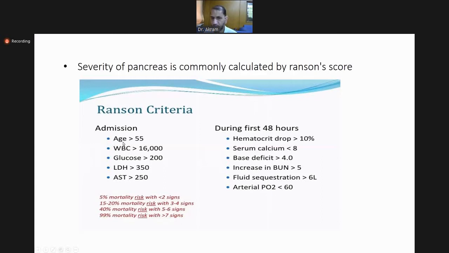If the age is more than 55, that is number one. Now you give the numerical numbering of the Ransom criteria. WBC 20,000, number two. Glucose 300, number three. If the criteria count increases, you consider the patient to be in a severe state.